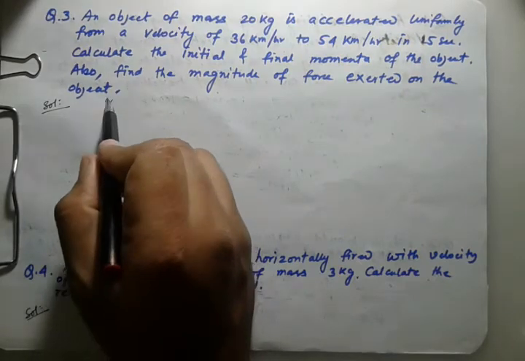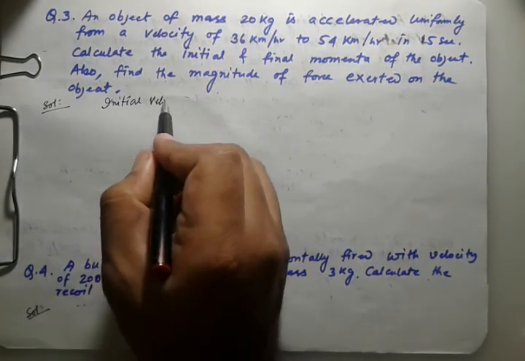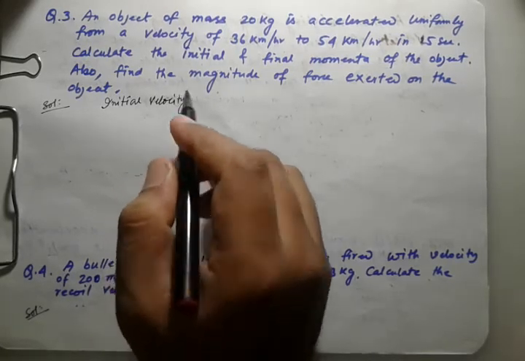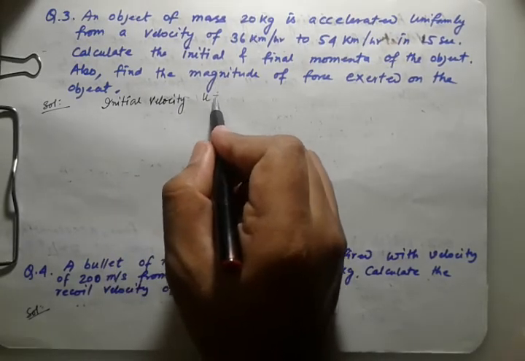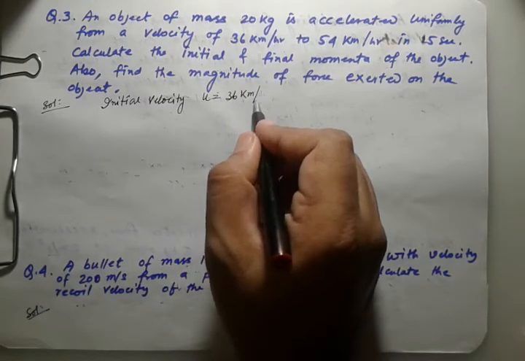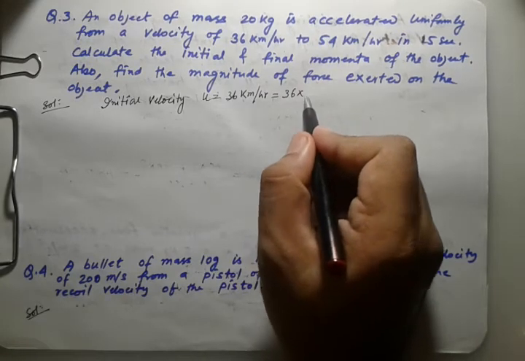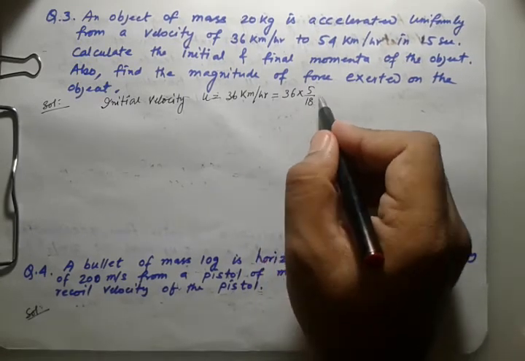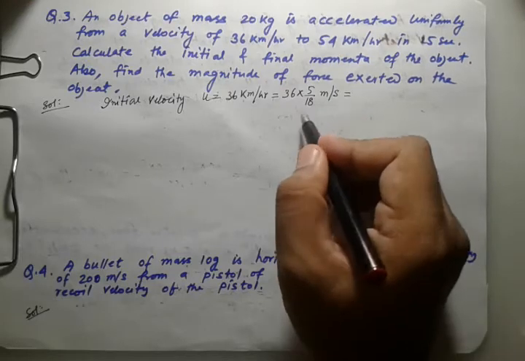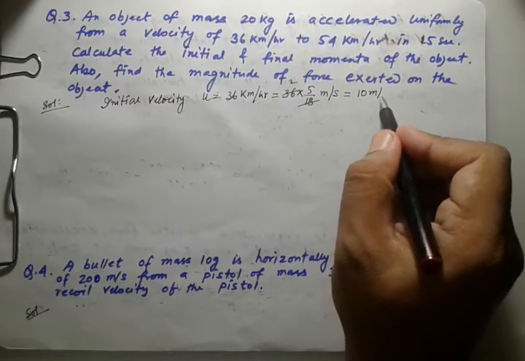So initial velocity u is equal to 36 into 5 by 18 meter per second, that means 10 meter per second.